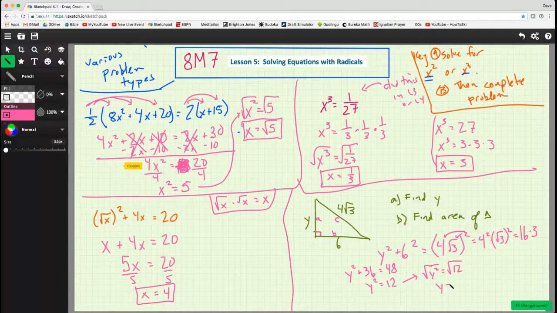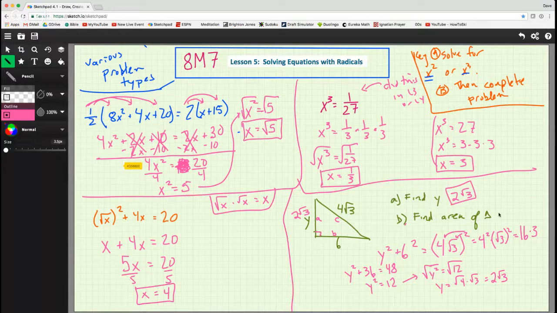So that's y equals the square root of 4 times the square root of 3, which is equal to 2 times the square root of 3. So y is equal to 2 times the square root of 3. So that's A, 2 times the square root of 3.